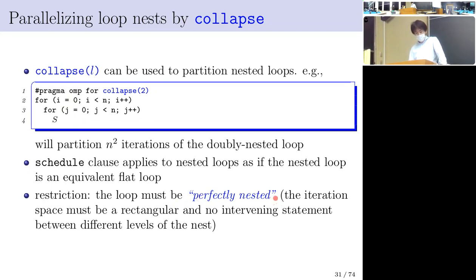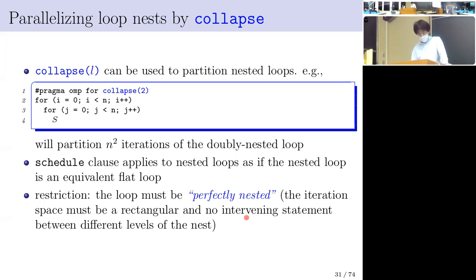What I mean by that is, first of all, the iteration space must be rectangular. So the iteration count of the inner loop must not depend on the index variable of the outer loop. For example, if it is j up to i, then it cannot be applied.